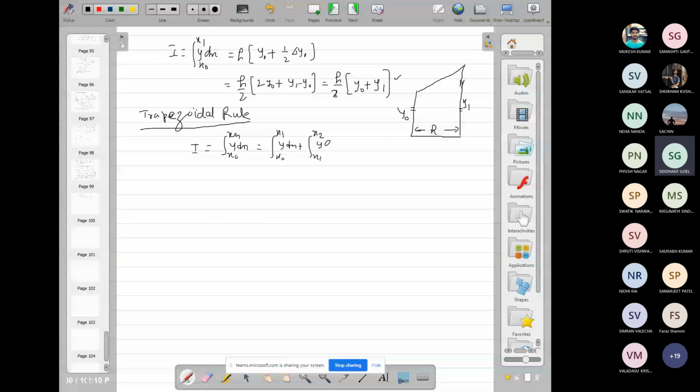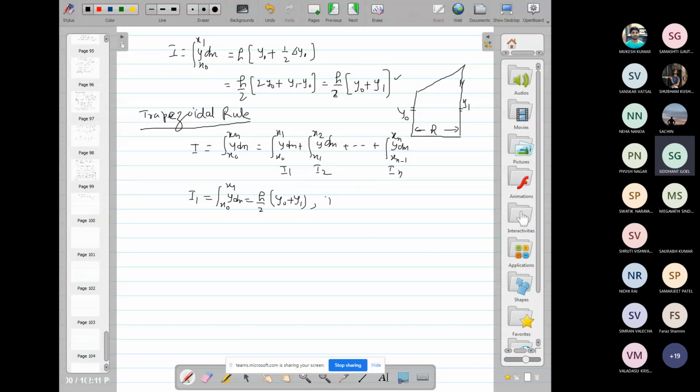From above we obtain I1 is equal to the integral from x0 to x1 of y dx, which is equal to h by 2 (y0 plus y1).